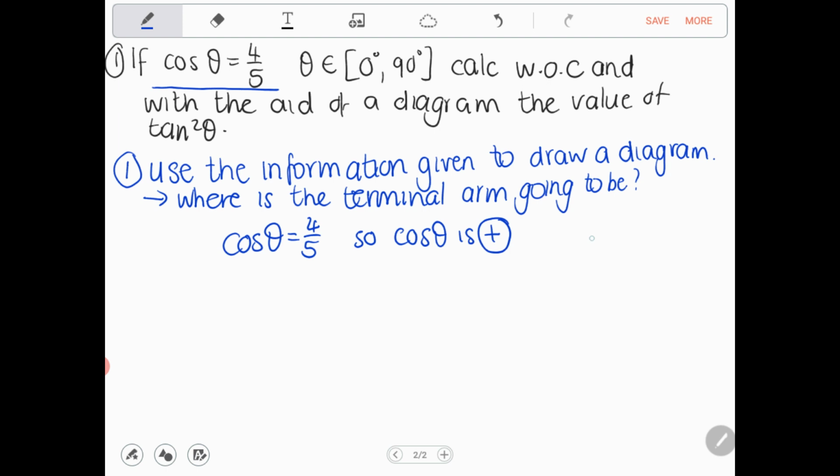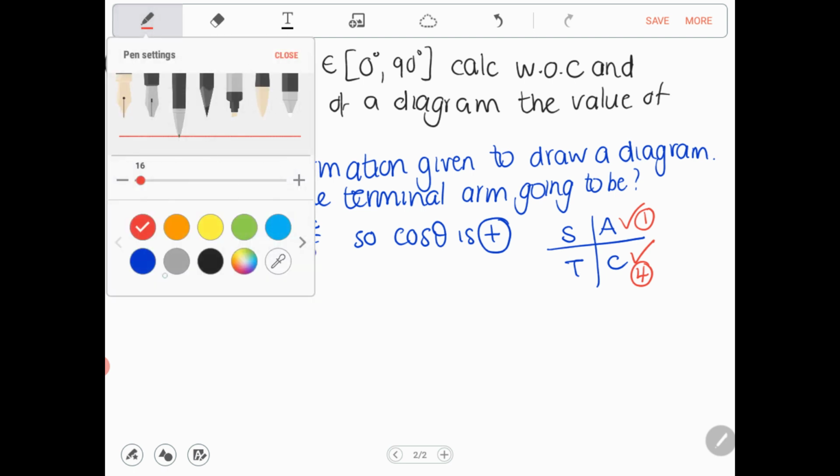All right, and that's what we were doing yesterday. If we look at our CAST diagram, where is cos positive? Cos is positive in quadrant 4, and they're all positive in quadrant 1. So I could be working in either quadrant 1 or 4. But what else have they told me?